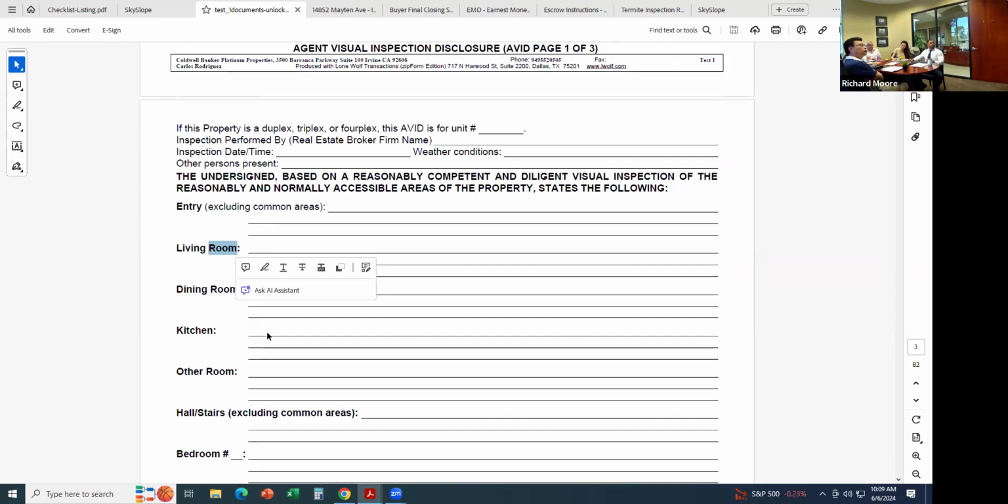Maybe you go to the kitchen and there are broken tiles on the countertop. This does not mean that you have to open all the water faucets, turn them on, look under the sink for leaks, or look behind the picture frames or under the couch. That's not this kind of inspection. This is a visual inspection.